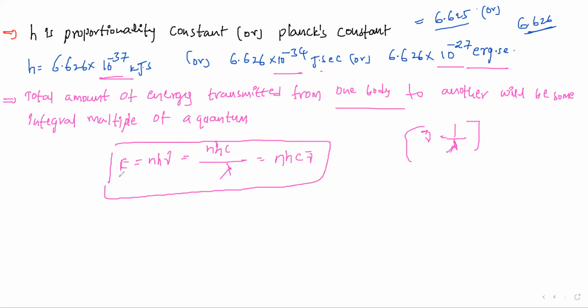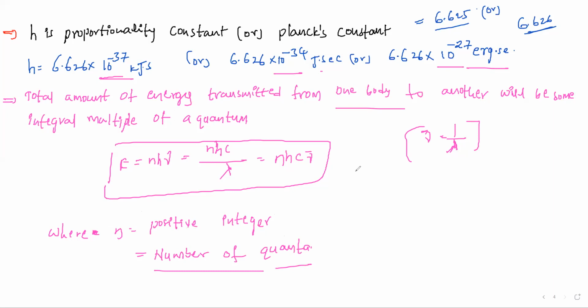And where n is a positive integer, that is nothing but the number of quanta. Copy it fast. Number of quanta or quantum. Okay? Completed Planck's quantum theory.